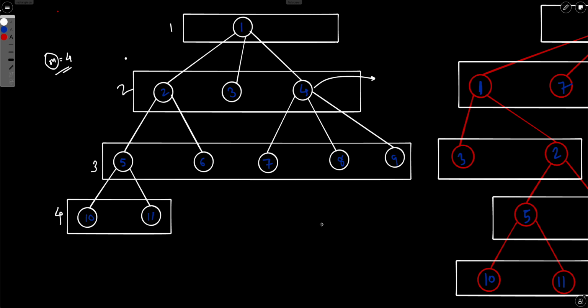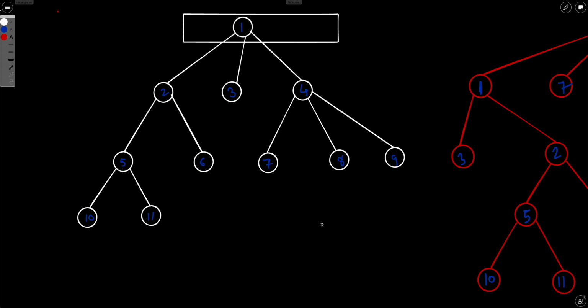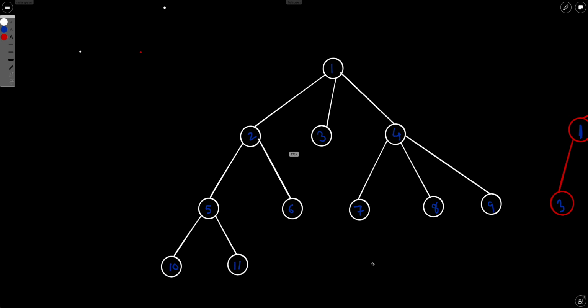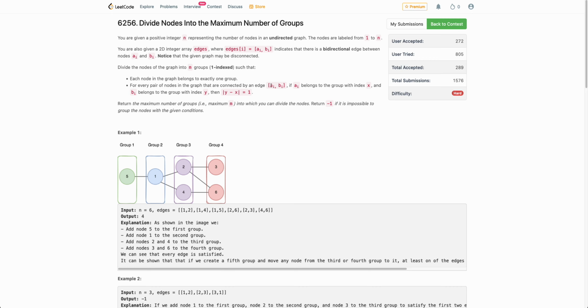Now we need to solve the second case. Let's make the problem a little bit more difficult. Previously we assumed that our structure is a tree, as well as that it is connected. Let's keep the second constraint as is, that is, it is still connected.